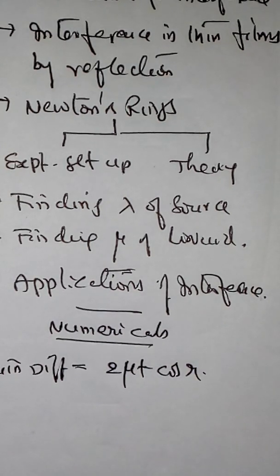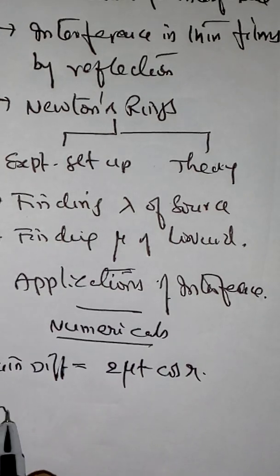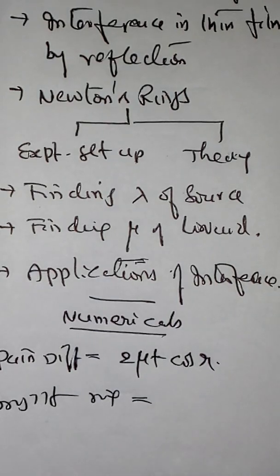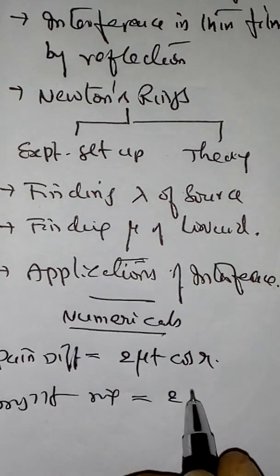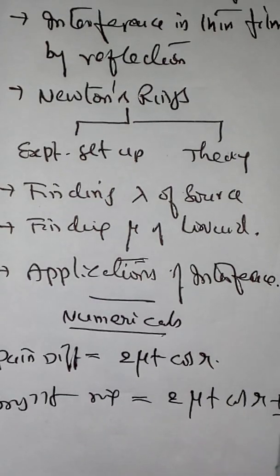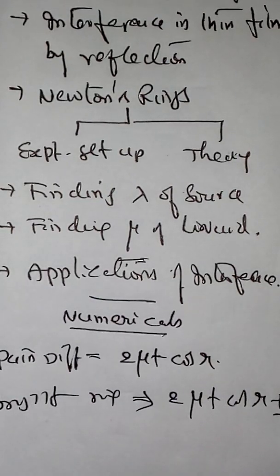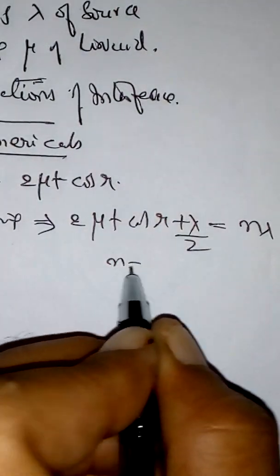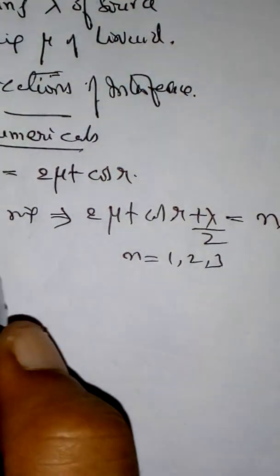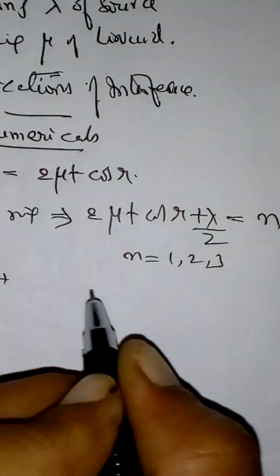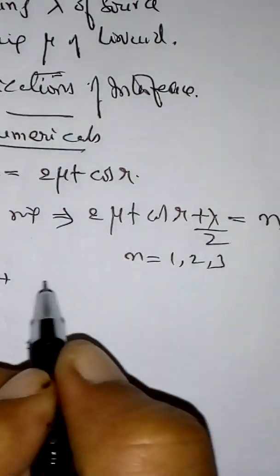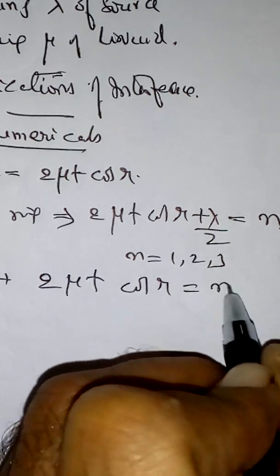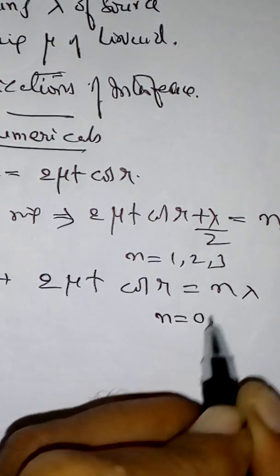From this, we obtained the condition for a bright fringe or a bright ring or bright spot as 2 mu t cos r plus lambda by 2 is equal to n lambda, where n is equal to 1, 2, 3, etc. Similarly, for a dark spot, we obtained 2 mu t cos r is equal to n lambda, where n equals 0, 1, 2, 3.